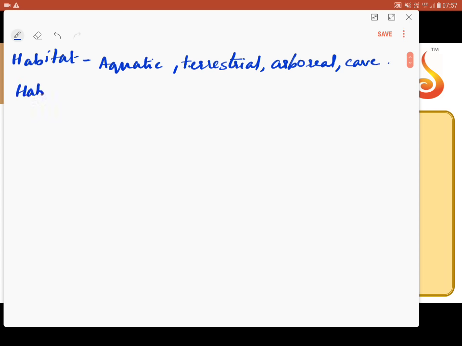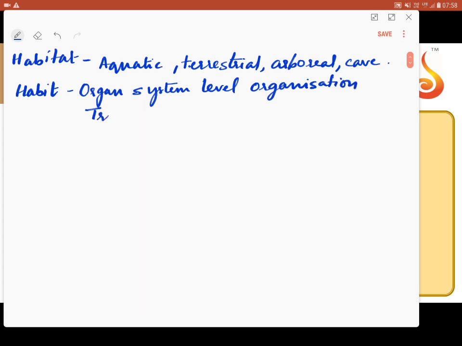Habit: it is the highest form of animals, so obviously they have organ system level of organization, triploblastic, eucoelomate.